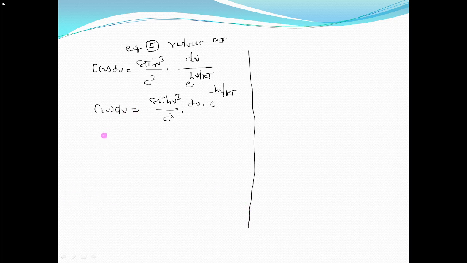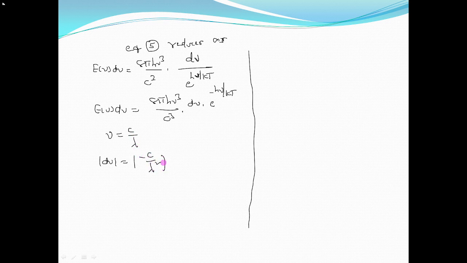Now I'll convert nu in terms of lambda. So nu is equal to c by lambda. What will be d nu? The modulus of d nu, here c is constant, the velocity of light, so differentiation should be done only with lambda. What is the differentiation of 1 by lambda? Minus 1 by lambda square.